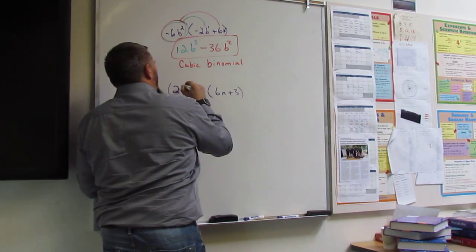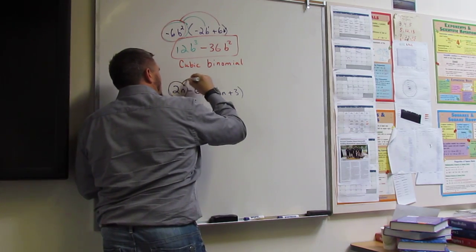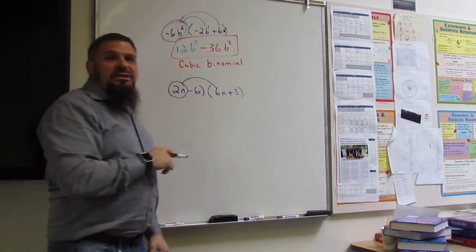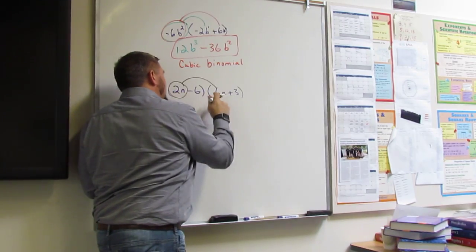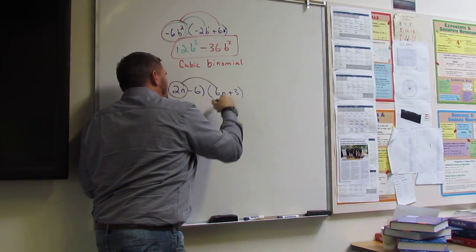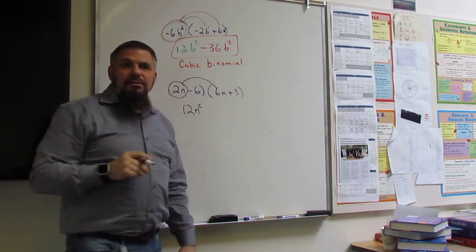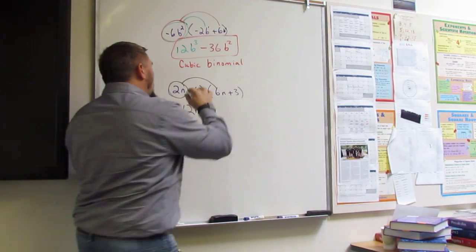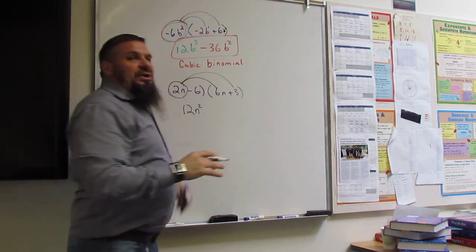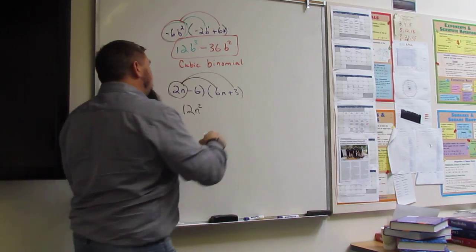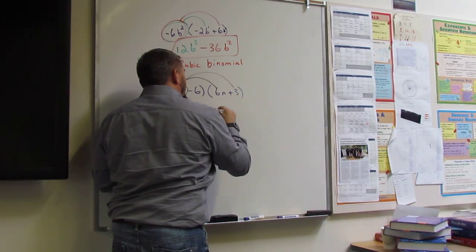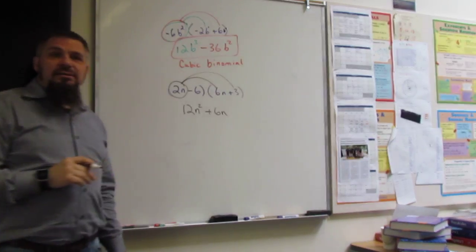The top is this times this, which is 2 times 6 is 12. N times n is n squared, right? 2n times 3 would just be a positive 6n, right?